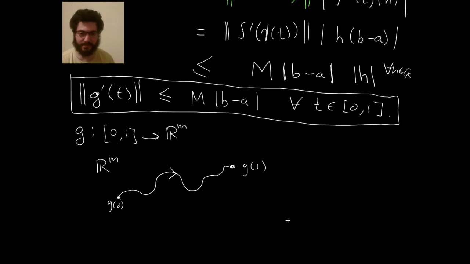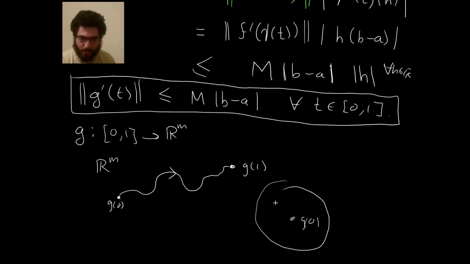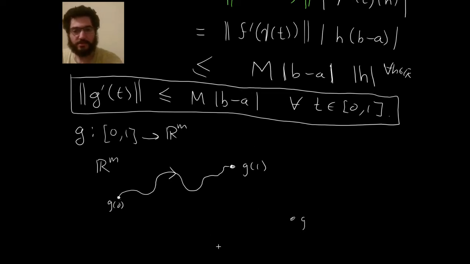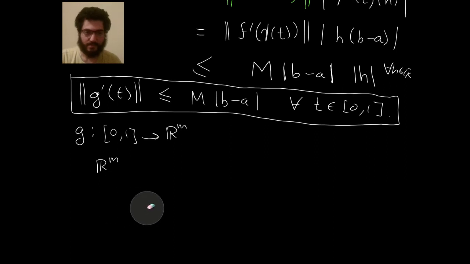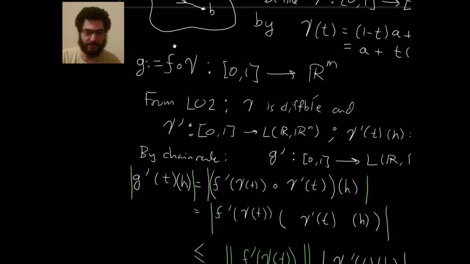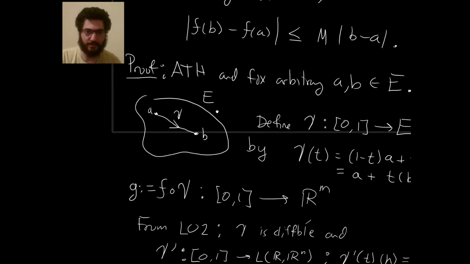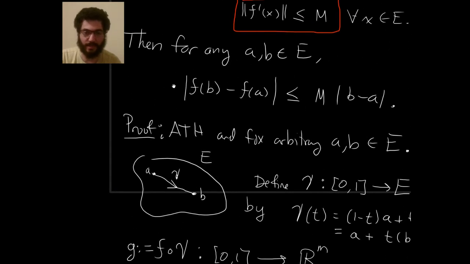So it seems like wherever g of 0 is, there's a ball that contains how far it could go in 1 second, given the bound on the speed. So that's the idea. We're going to try to turn that idea into a logical argument, and hopefully the bound on how far g can go, given the definition of g, f composed with gamma, should give us what we want, which is a bound on how much f can change as you go from a to b.